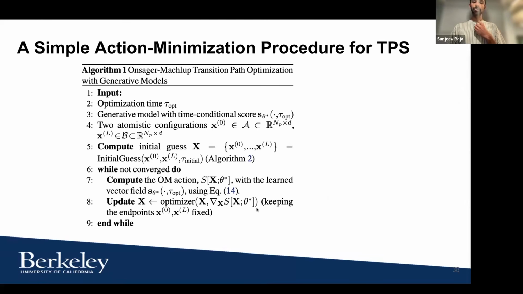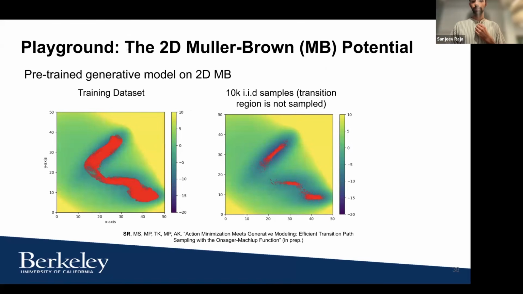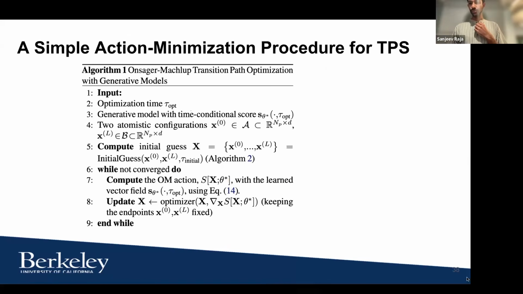Sometimes it helps to just do pure SGD. And you manually zero out the gradients at either end. What you get is a very simple procedure that allows you to find high likelihood paths using a generative model. I'll now dive into a teaser of some of the results that we had, but this could be a good point to pause for questions.